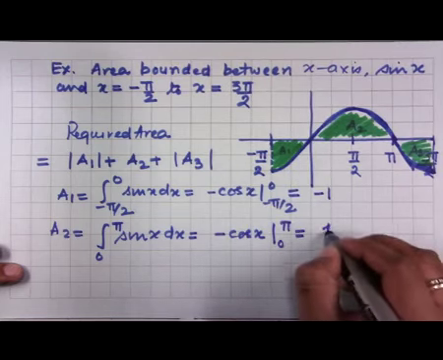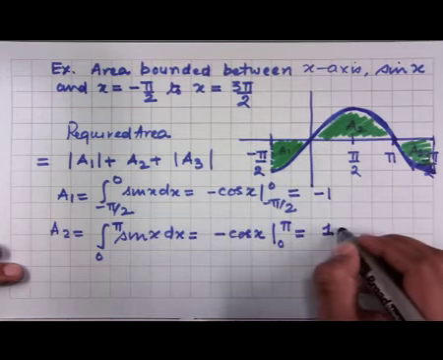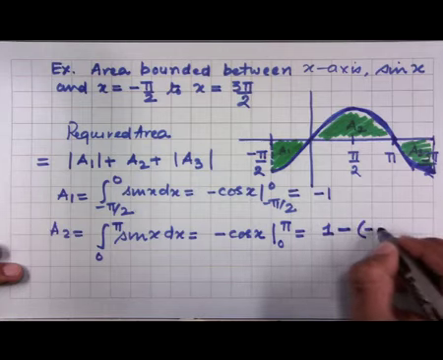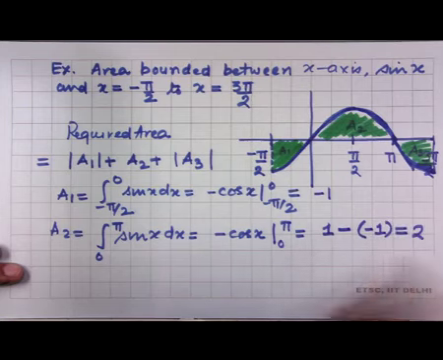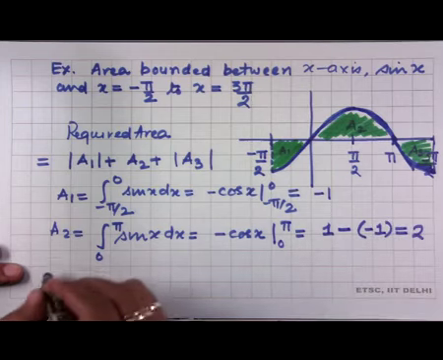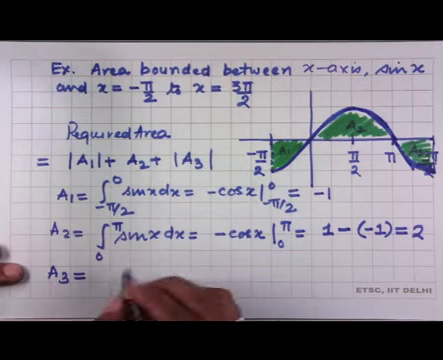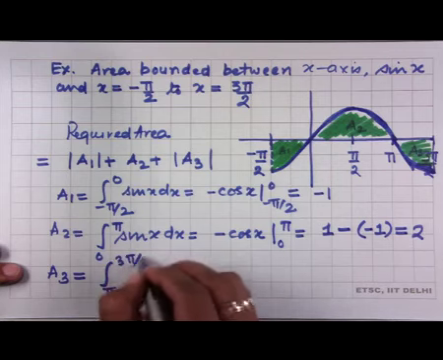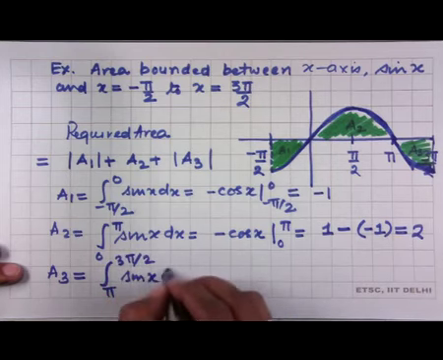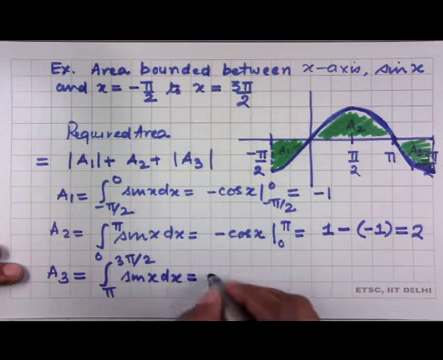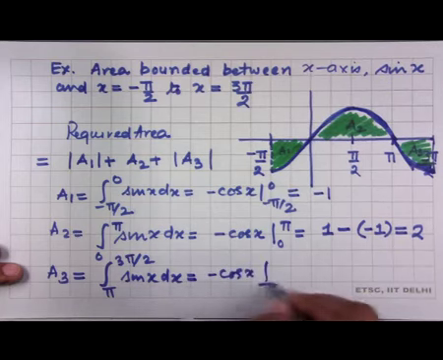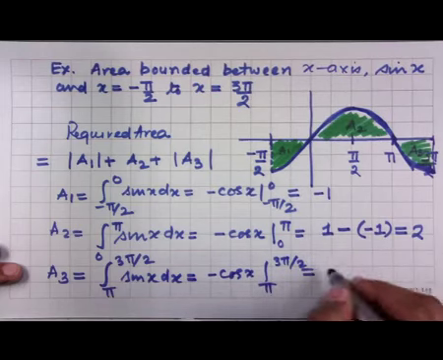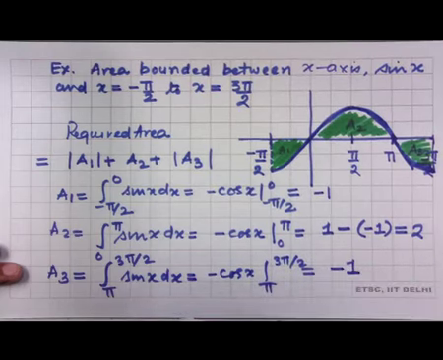So, you get 1 minus minus 1, which is 2. A3 is the integral from pi to 3 pi by 2 of sin x dx, which is equal to minus cos x from pi to 3 pi by 2, which is equal to minus 1.